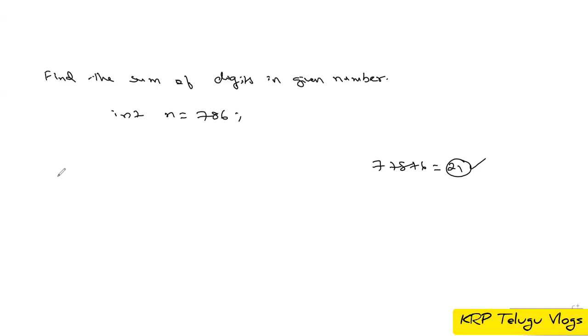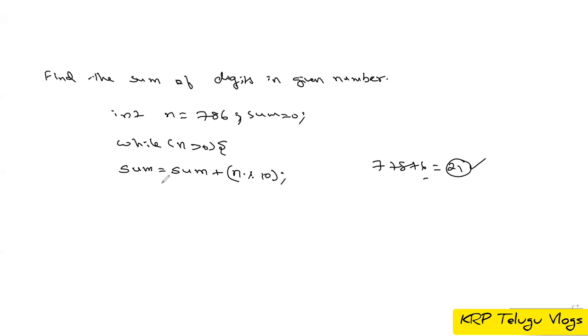By modulus. You will extract 6 first. I will take sum is equal to 0 initially. While n is greater than 0, sum is equal to sum plus n modulus of 10.